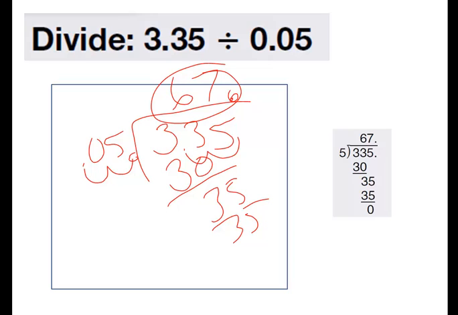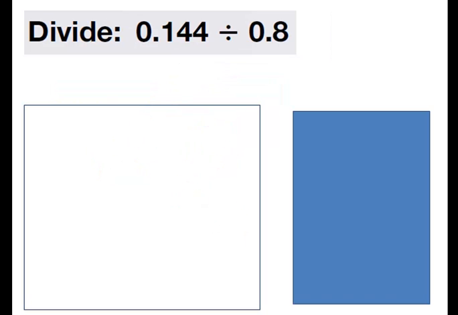Hopefully this looks familiar to you and you know how to do that. Let's take a look at another one. Divide 0.144 by 0.8. First thing we have to do, we got to move our decimal over.